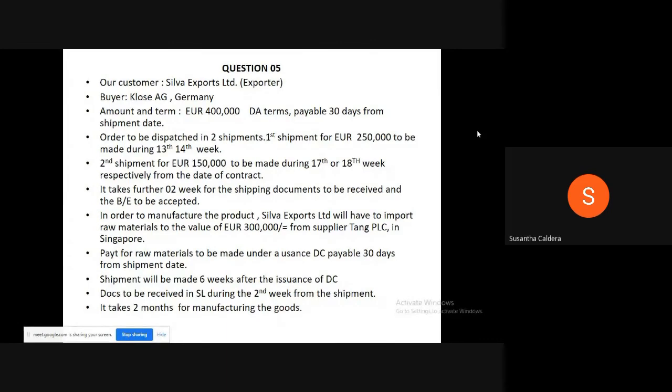It takes a further 2 weeks for the shipping documents to be received and the bill of exchange to be accepted. Right?